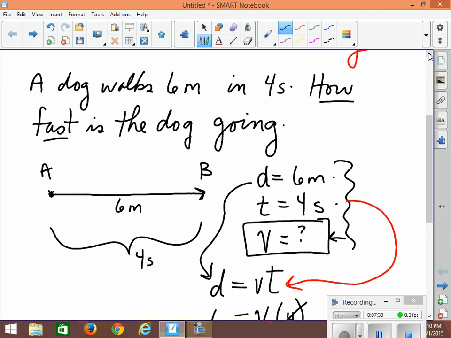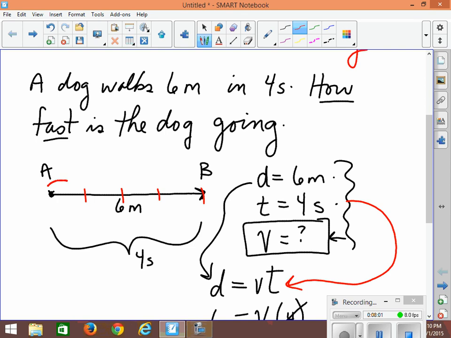Now, let's go back to our picture and see what that means. Well, it means that if I divide this up into 1.5 meters, I will get 1.5, and then 3, and then 4.5, and then 6.